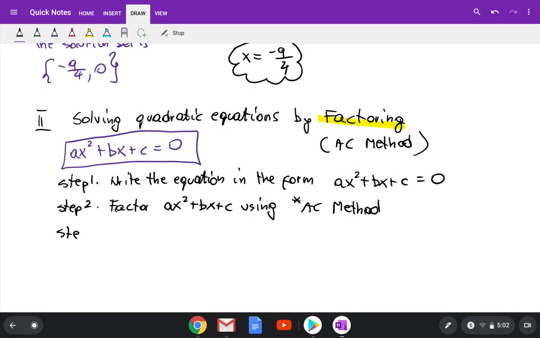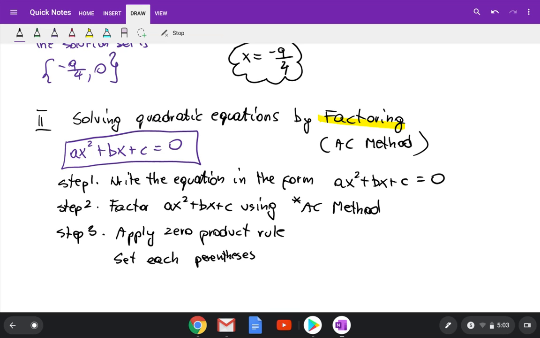Step 3, apply. When you have factors from the AC method, you can apply the zero product rule. So the zero product rule means that you're going to set each parenthesis, which is each factor, equal to 0, and solve two equations.